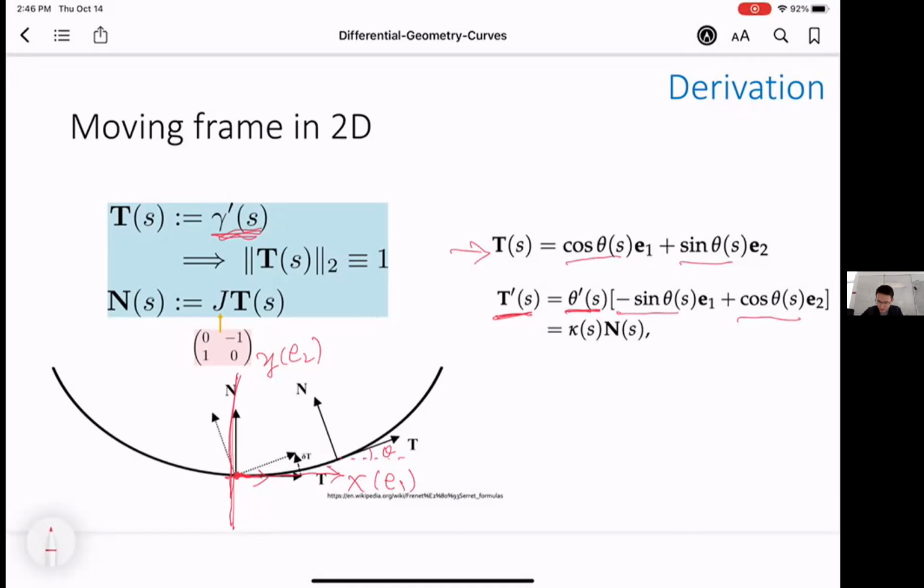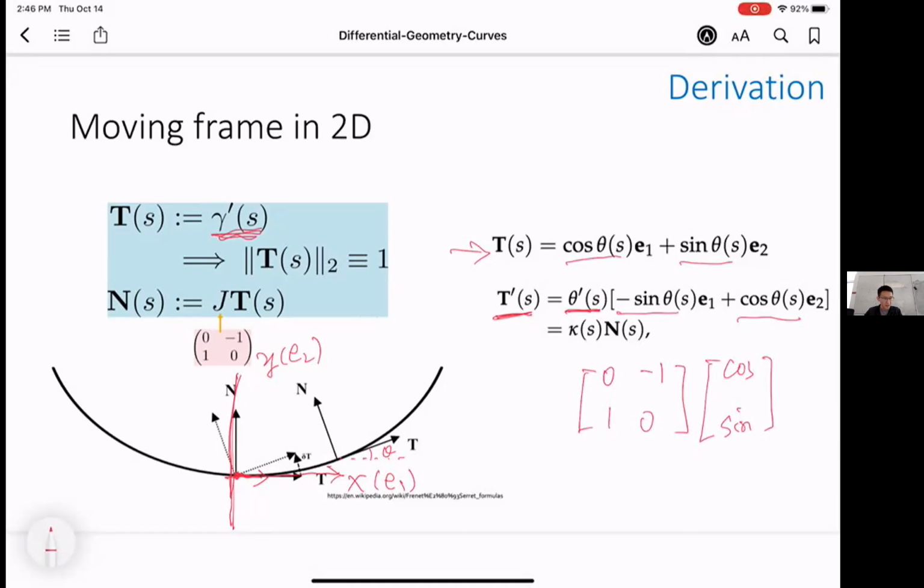Then once we get this, we can make this observation: the matrix 0, 1, negative 1, 0, right? If I take this matrix and multiply it by T, basically cosine and sine, then what I get is negative sine, cosine. What I get is this T prime here.